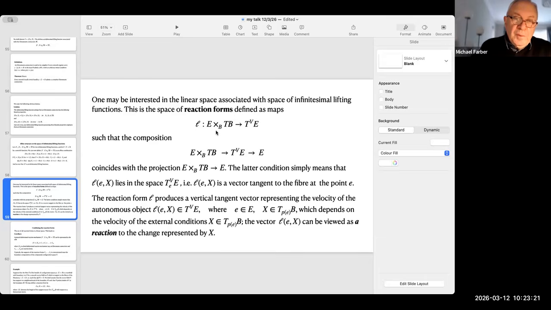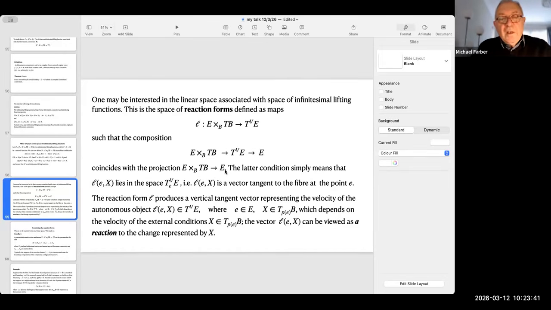So a reaction form is a map from E cross TB to the vertical distribution such that if you project onto E, it is the identity. It is just a projection.